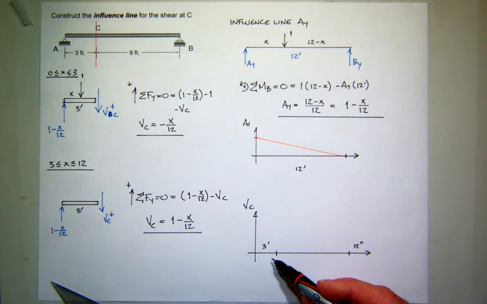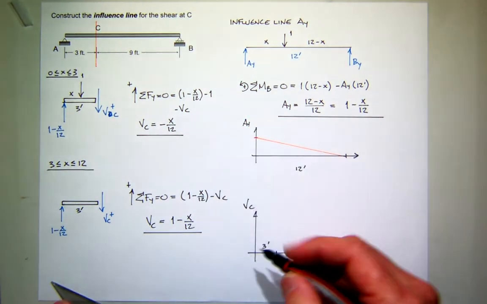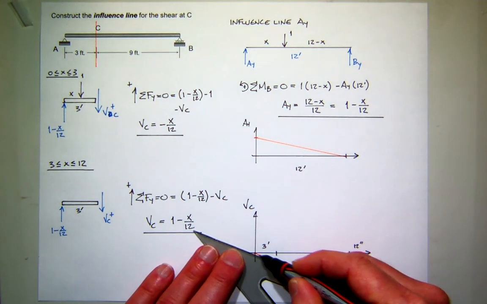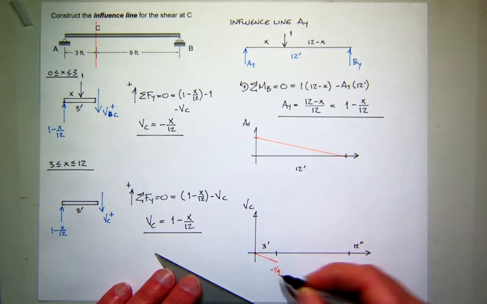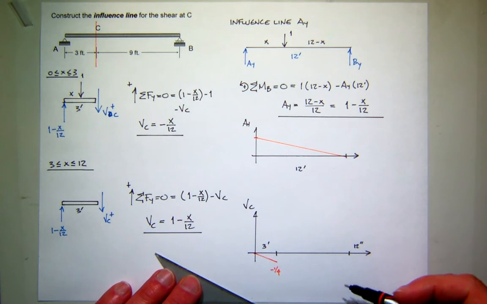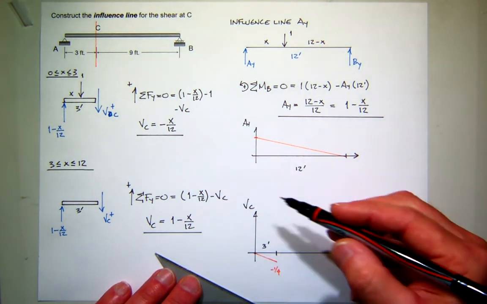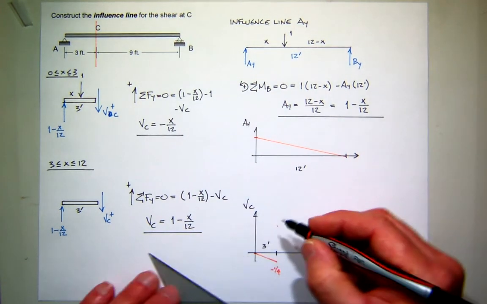So from 0 to 3, I have to plot this. So at 0, it's 0. And at 3, it's minus 1/4. And then from 3 to 12, I plot this. So I put in 3 here, and I get 3/4.